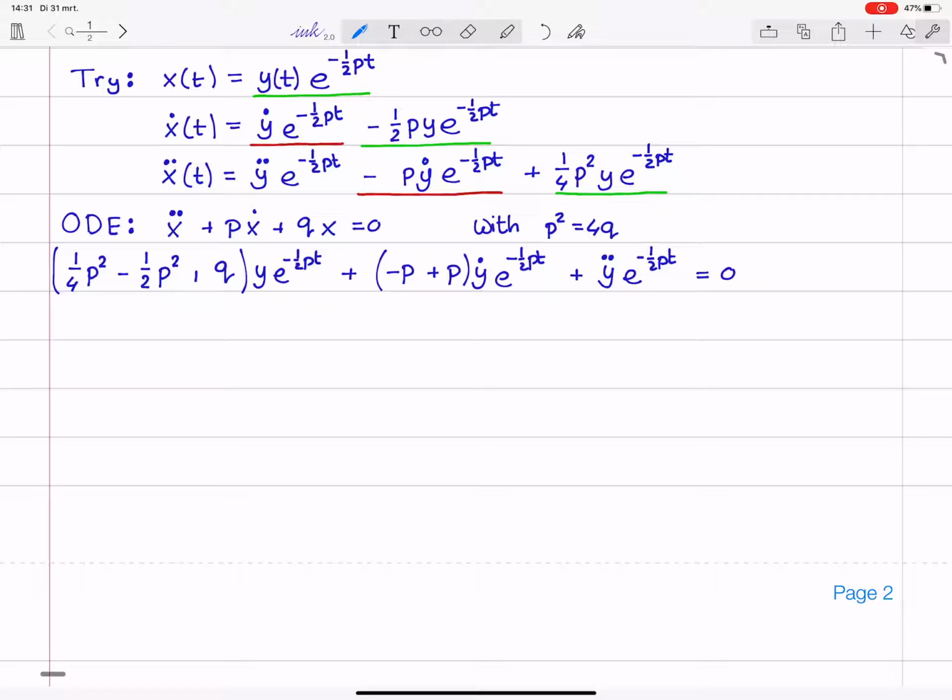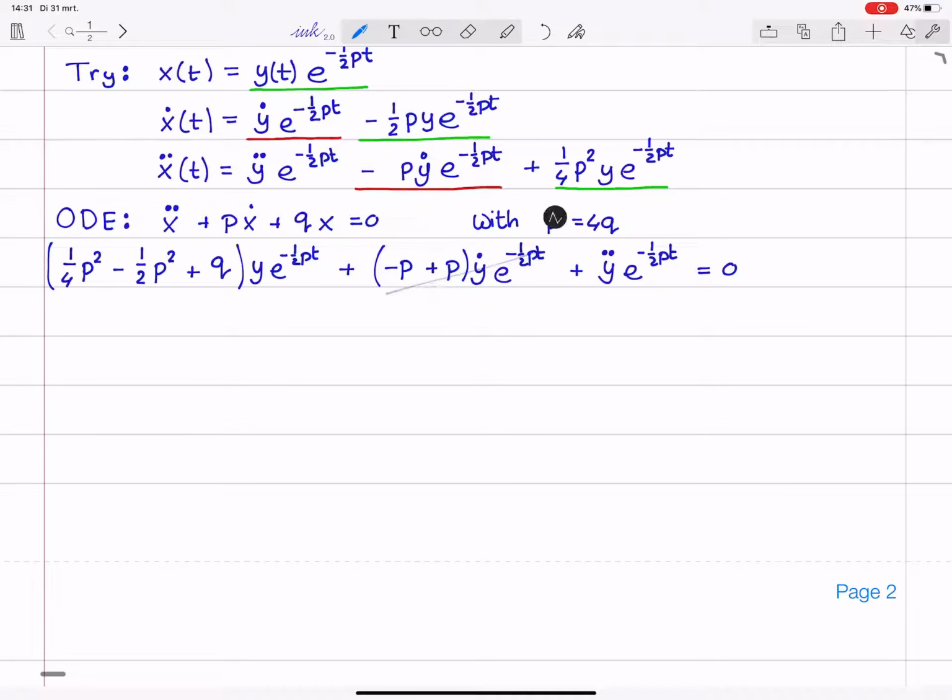Well, as I did this, what you can already see is that this term with the y dot cancels, because minus p plus p is equal to 0. And the term in front of the y, the first term in between brackets, what do we have there? We have 1/4 minus 1/2, so that is minus 1/4 p squared plus q.